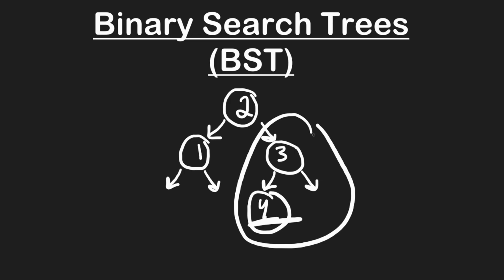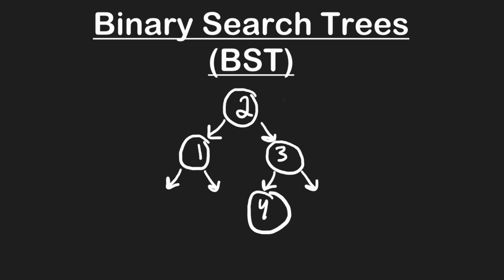Should that be enough? No, it's not, because the definition of a binary search tree is actually recursive, which means that the sorted property is not only true for the root node, it's true for every single node in the tree.